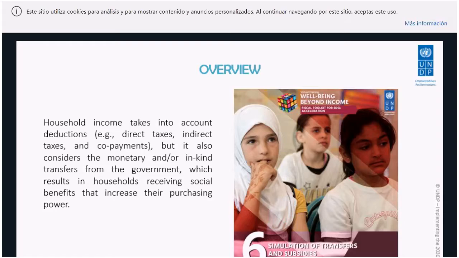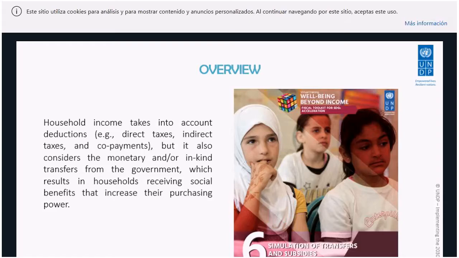So including the analysis of social expenditure is crucial in these exercises, because it is a significant part of the well-being of households, and it is also interrelated with the other system, the taxation side.